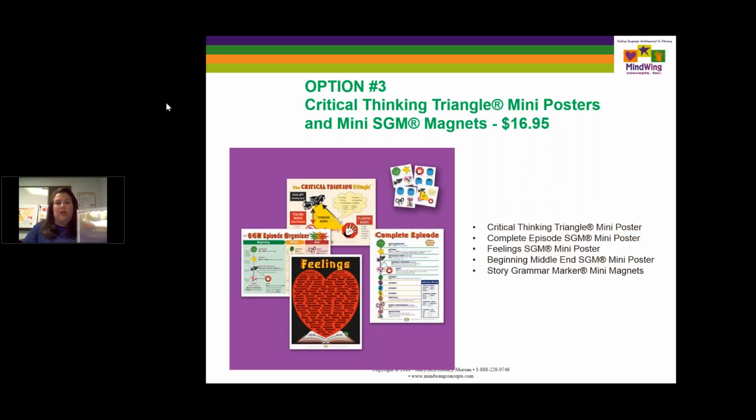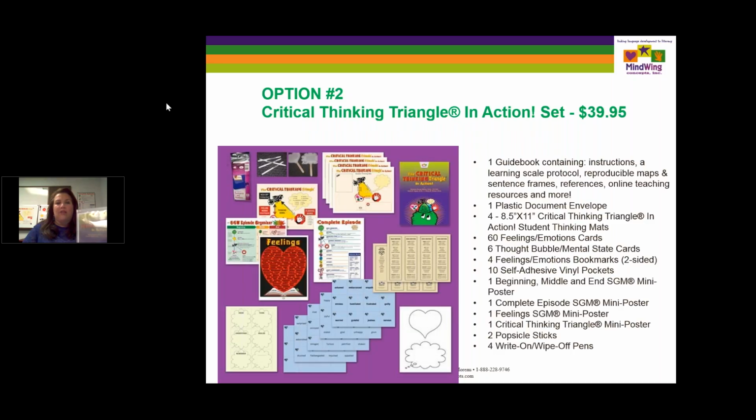I'm just going to quickly show you again what comes with this set of materials. I think you can see here, it comes with a very extensive manual. It comes with mini posters. It comes with 4 of the pocket charts so that you can work with multiple students. It comes with thought bubbles and feeling word pocket manipulatives, I guess we would call them.